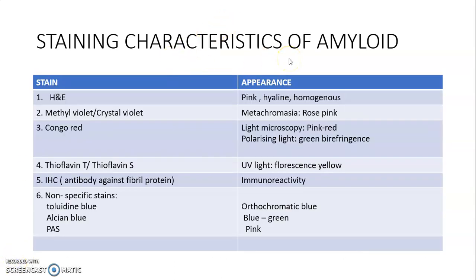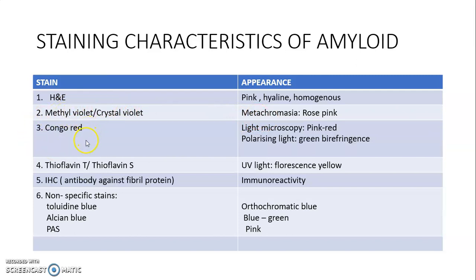Staining characteristics of amyloid. On H&E stain, amyloid stains pink, hyaline and homogeneous. Methyl violet or crystal violet can be used, which will give rose pink color, as they are metachromatic stains.